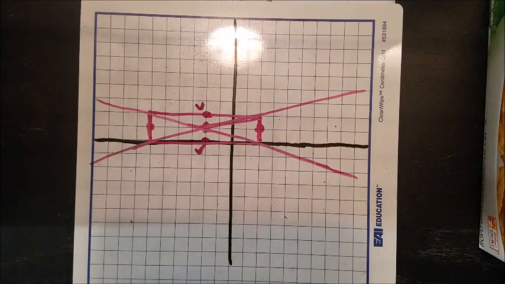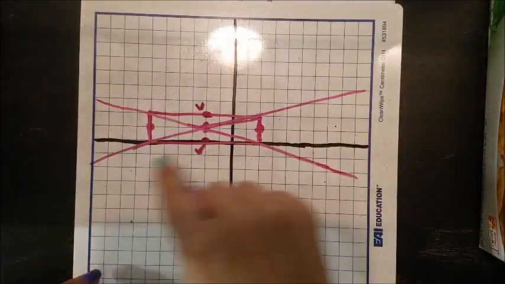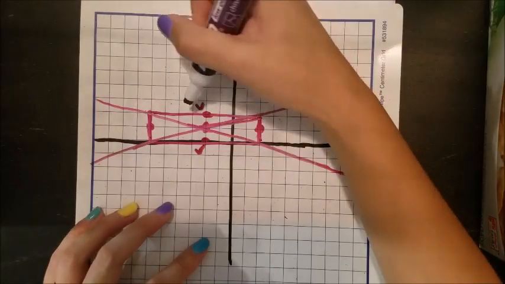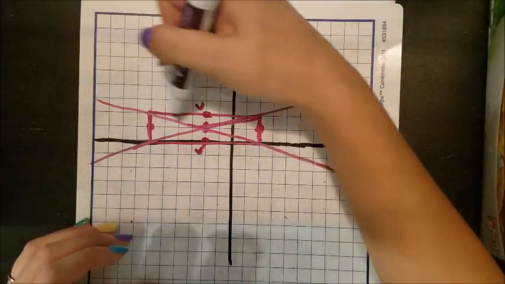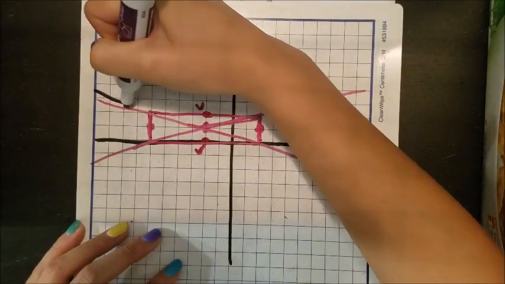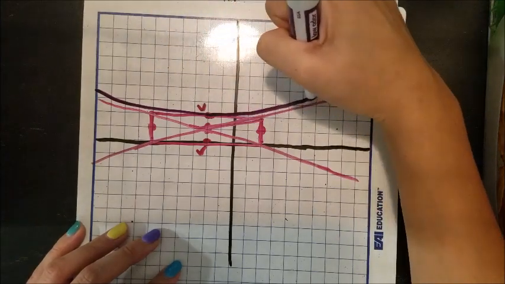Okay, then we know our hyperbola is going to be up and down, so it's got to go this way and this way. We know where our vertices are, so I'm just going to make a U shape. This one's going to be super wide because look at my asymptotes. They're all the way on the side like this. Following my asymptotes, I still get that U shape.